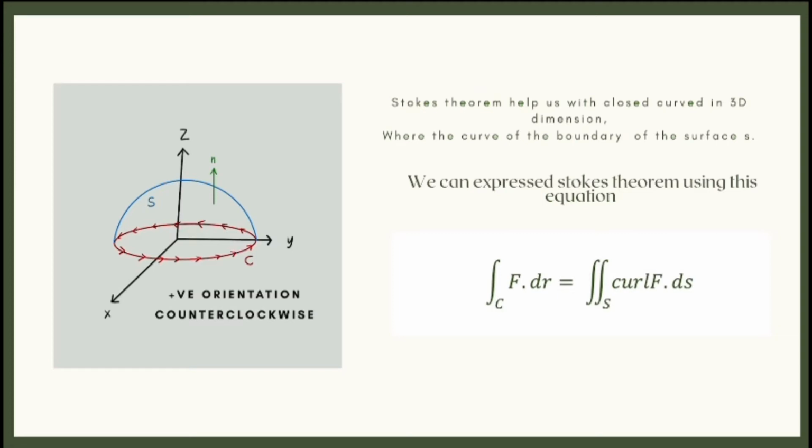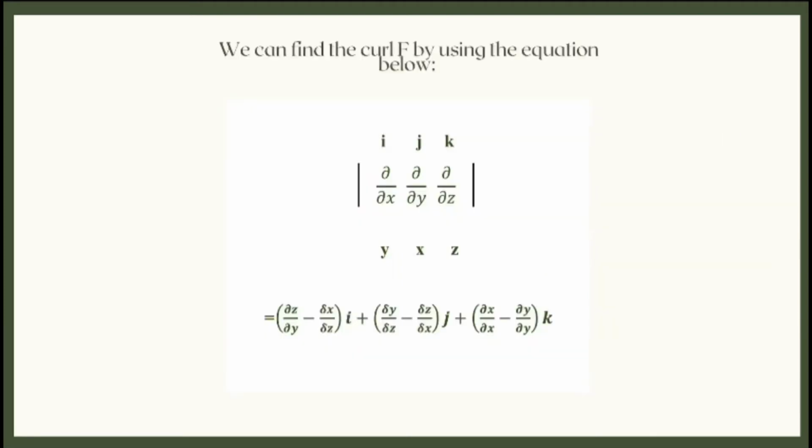To find the amount of field that goes in the direction of the curve, we need to take the line integral of F along C. Stokes theorem also gives us another method to find the line integral, which is equal to the surface integral of the curl of F dot n over the surface S. So, we can express the Stokes theorem using these equations, and we can find the curl of F by using the equation below.